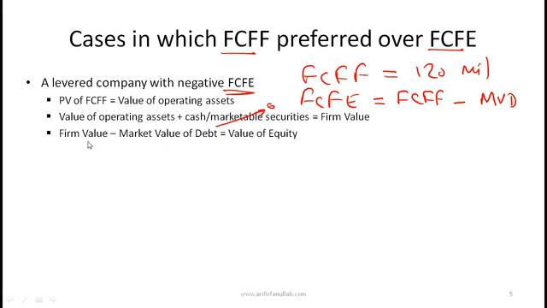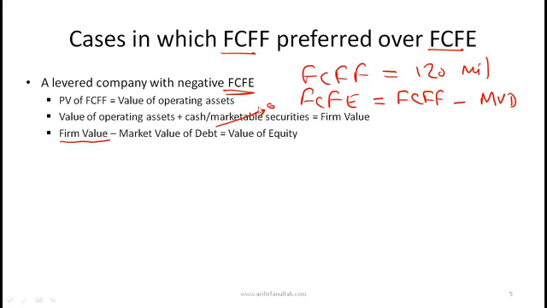Okay. So firm value, what do we mean by firm value here? This is the present value of all the free cash flow to firm. So whenever we say firm, this is the overall value, which is basically the present value of free cash flow to firm. So that's what I've written up there.